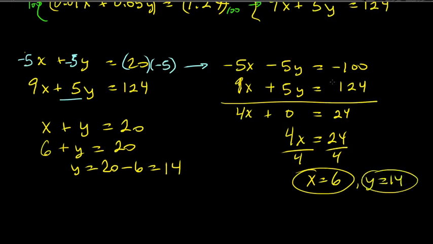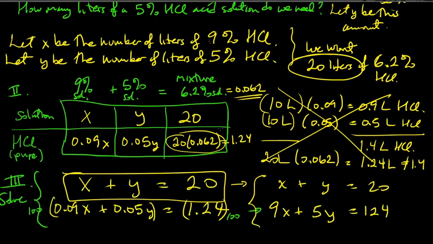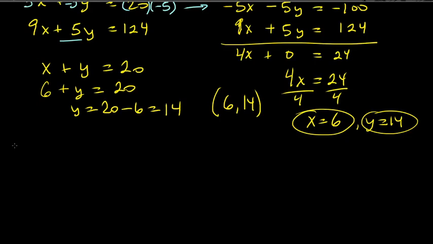And if the problem were just to solve the system of equations, you would have the ordered pair (6, 14). But that's not the answer in this case because we want to write it out as a statement in words. We need x liters, so that's going to be 6 liters of the 9% solution and 14 liters of the 5% solution, right? So the chemist, and I know some of you are going to be taking chemistry pretty soon, so you might have to do this in your lab.